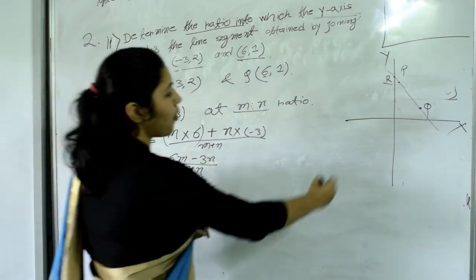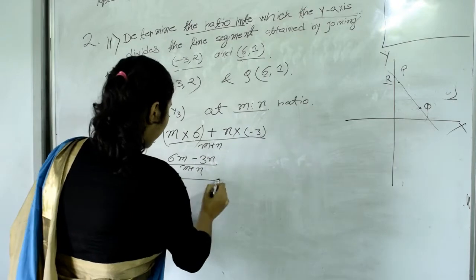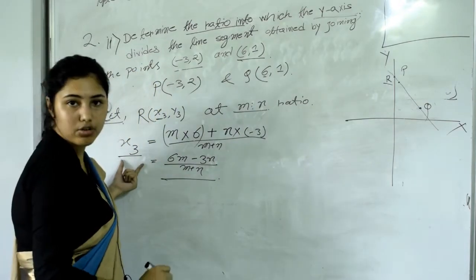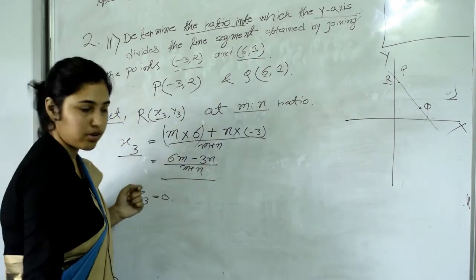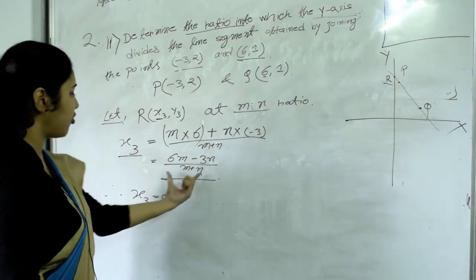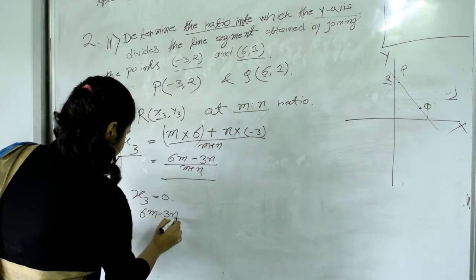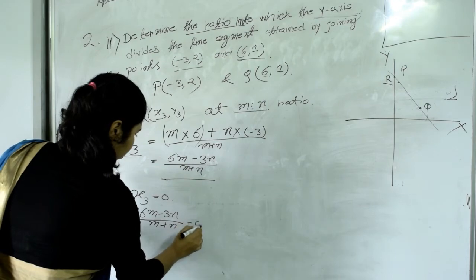Now this point R is on the y-axis, which means the x coordinate, the abscissa of the point R, is 0, which means the value of x3 is equal to 0, right? Now put the value of x3: 6m minus 3n by m plus n is equal to 0.